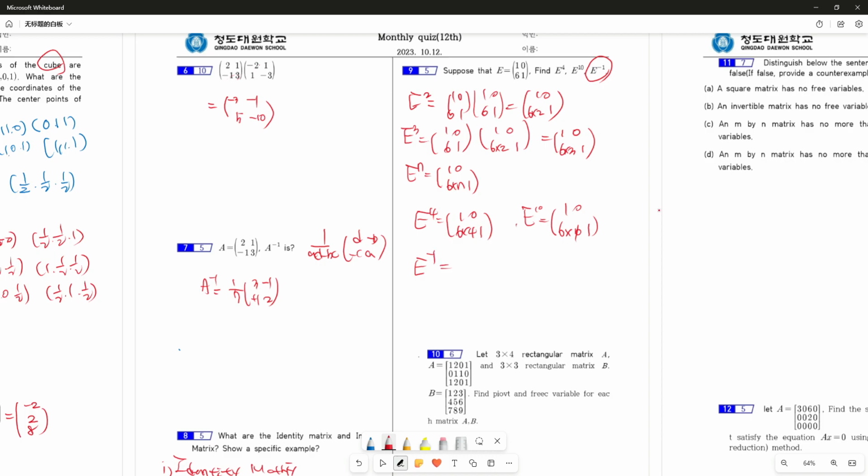And finally the E inverse equals the product of the diagonal 1, and in the other cases where one of them is zero, the result should be zero.